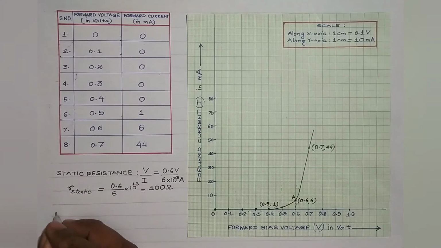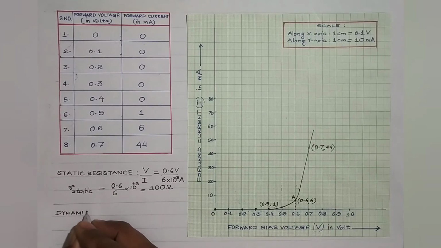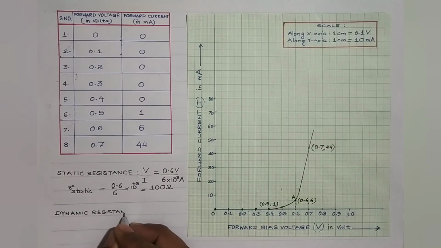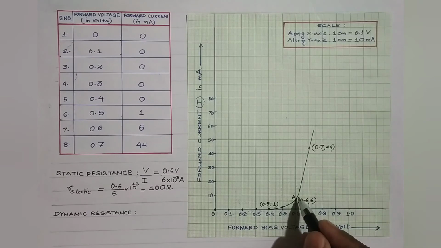Now, let's find out the value of the dynamic resistance. Dynamic resistance, as I've stated, is also known as the AC resistance. And it is the resistance that depends upon the applied voltage. So in this region, when the curve contains a knee or a bend, here the resistance is not constant.